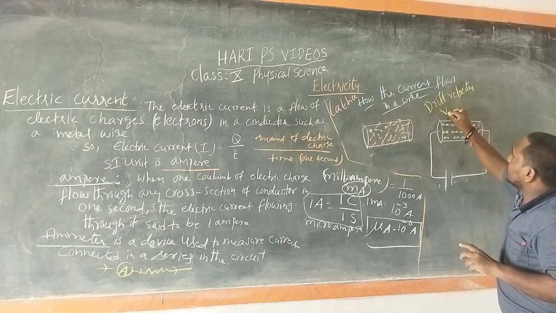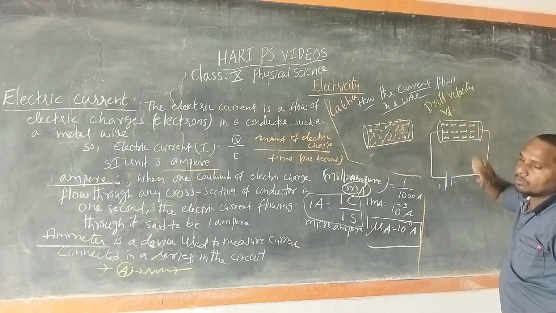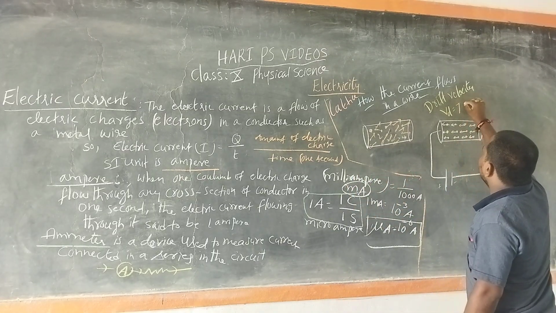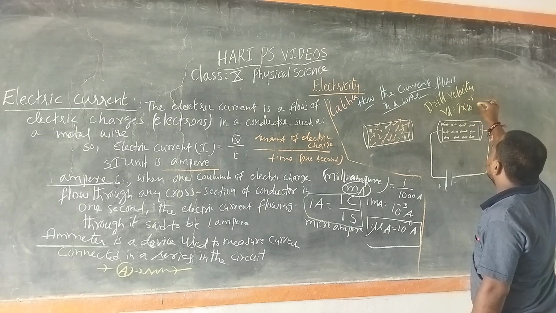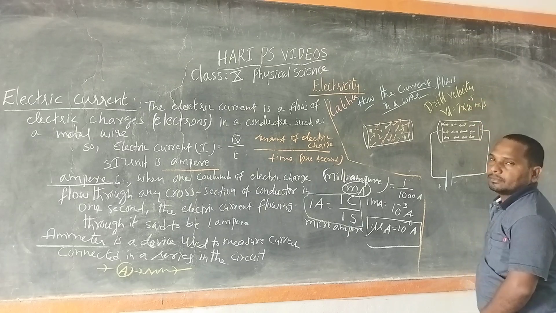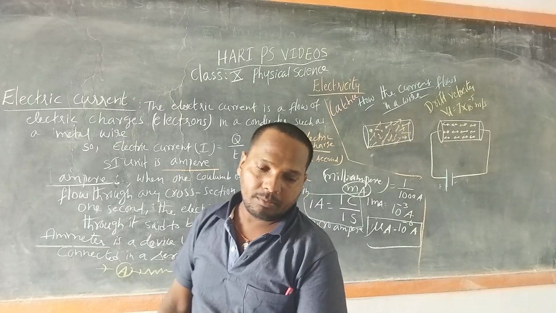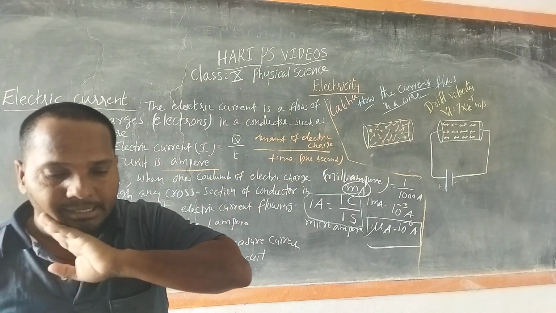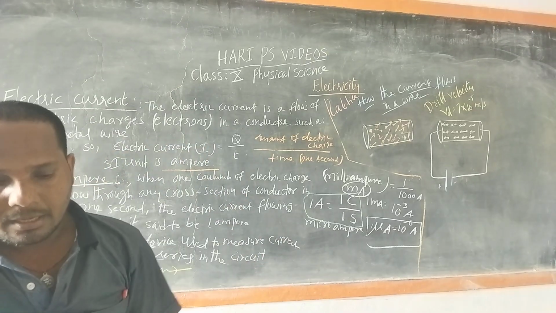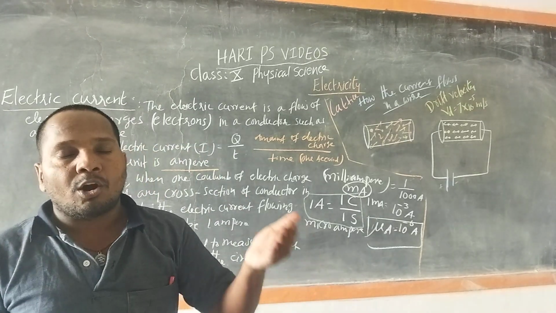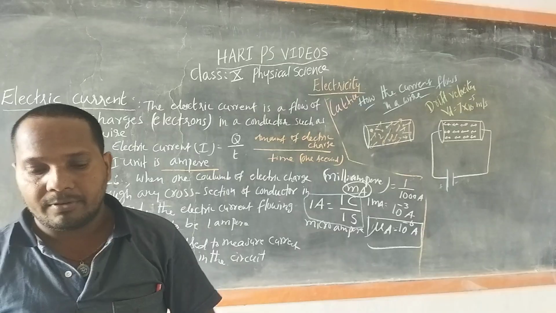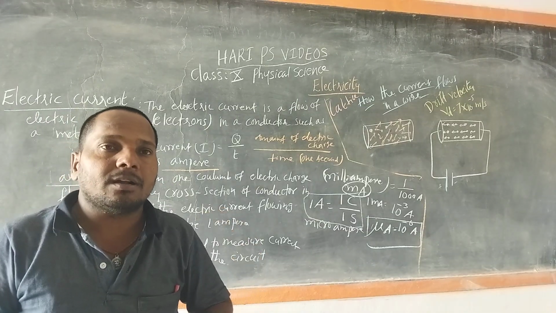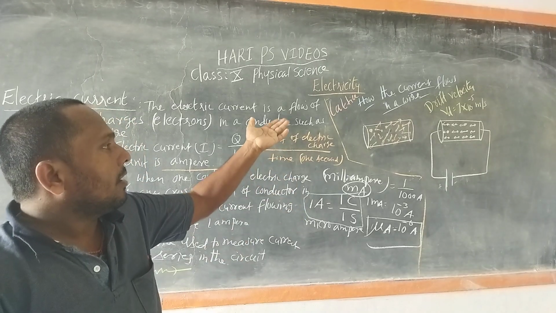We write drift velocity Vd, and its value is about 7 into 10 power minus 5 meter per second.